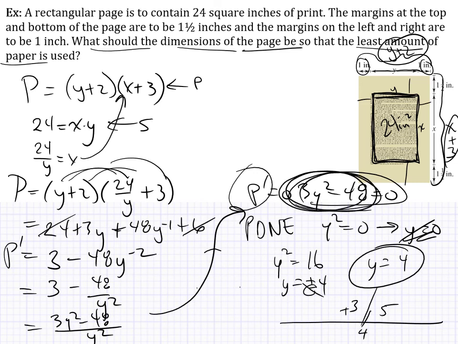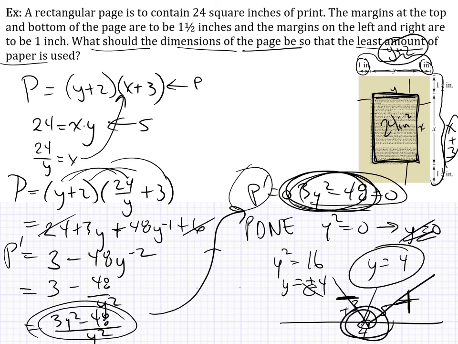Plugging it, sorry, that's not the derivative. This is the derivative. Plugging it into the derivative, when I plug 3 in, I'm going to get 27 minus 48, which would be negative. Plug 5 in, I'm going to get 75 minus 48, which would be positive. So if we're decreasing and increasing, there's your minimum. So y equals 4 will result in a minimum, but that doesn't answer the question.